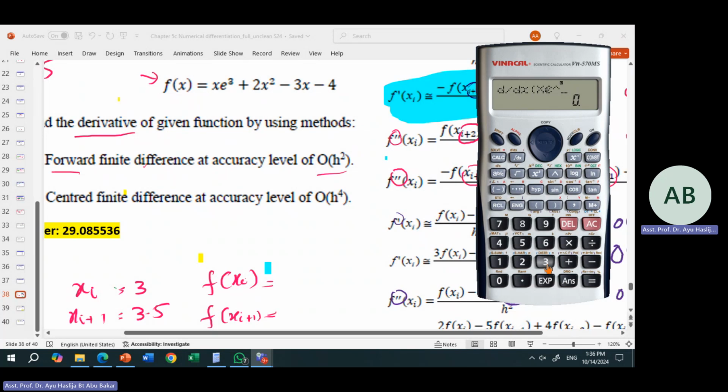So power 3, okay, then comma, put your x value 3, equal. Okay, make sure the equation is correct.